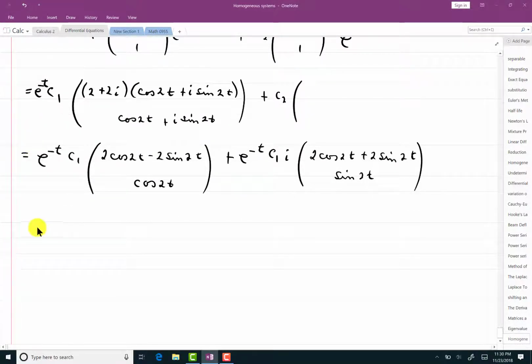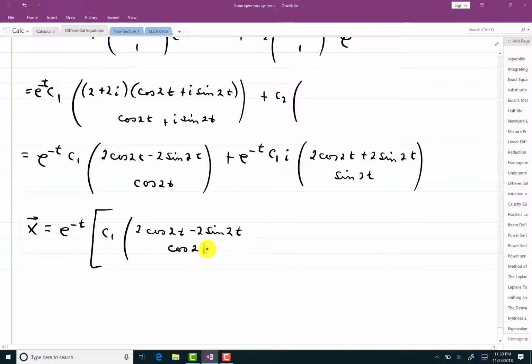Now I can simply write my answer in the following format. I'll just call this stuff C2.